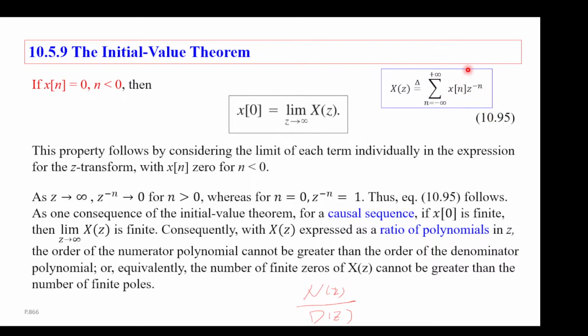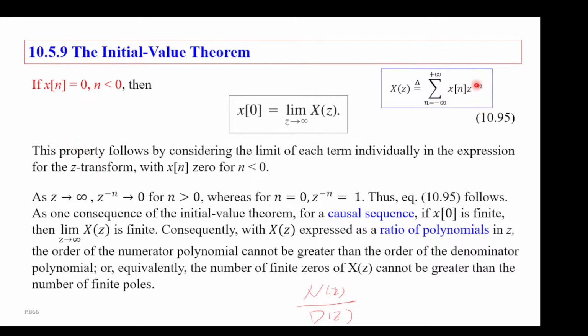This is back to the section 10.2 analysis. For n greater than 0, you have a negative power of z. For n equal to 0, you have x of 0 with no z. And for n less than 0, you would have a positive power of z.